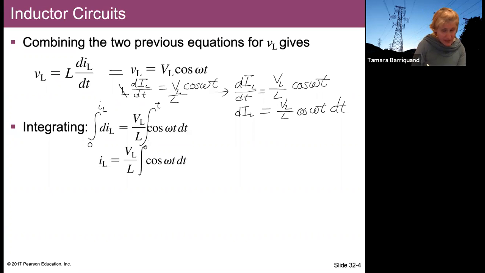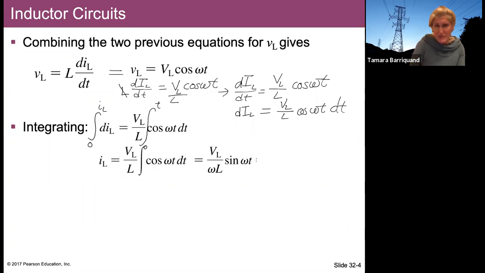I've already taken the integral on the left-hand side, and I just have little i sub L. And now we can take the integral of cos omega t. The integral of cosine is sine, but we have omega t, so we have to do 1 over omega in that case. So we'll have V sub L over omega L times sine omega t.